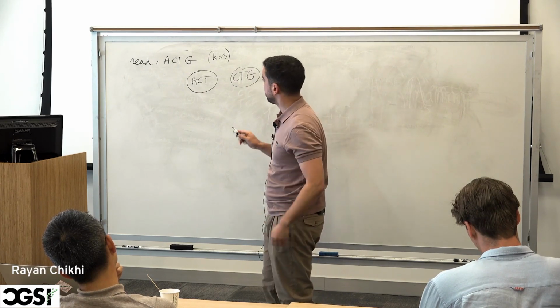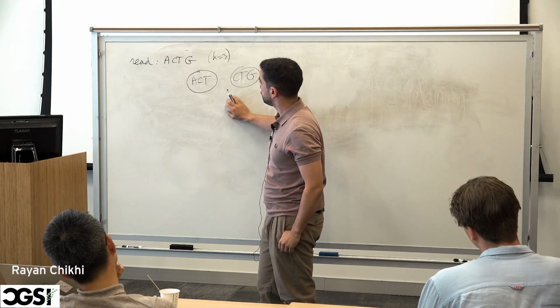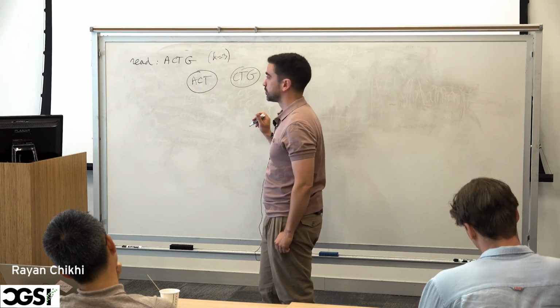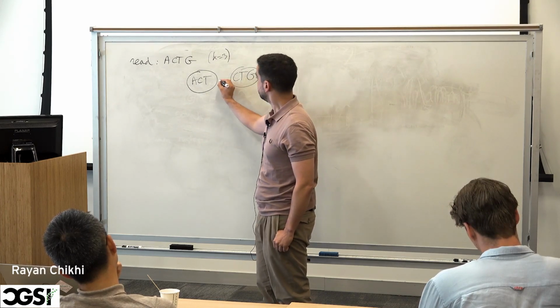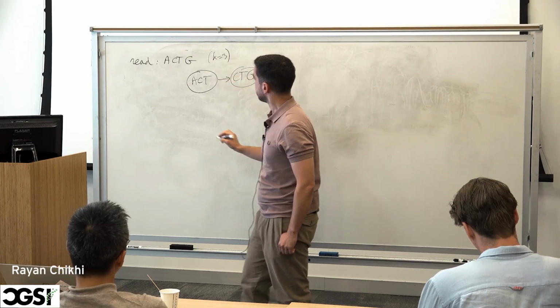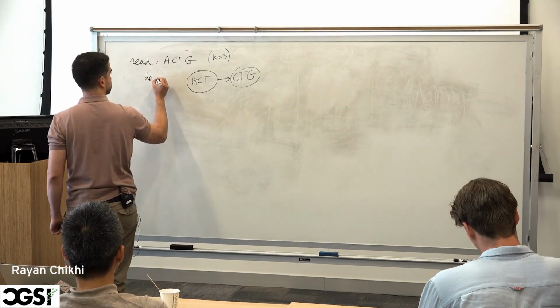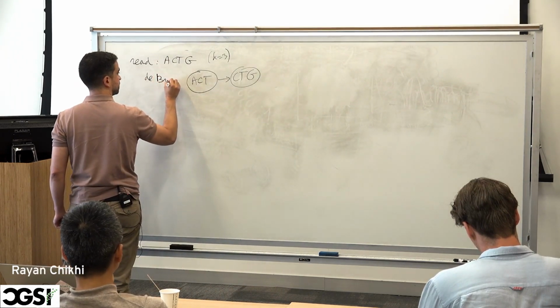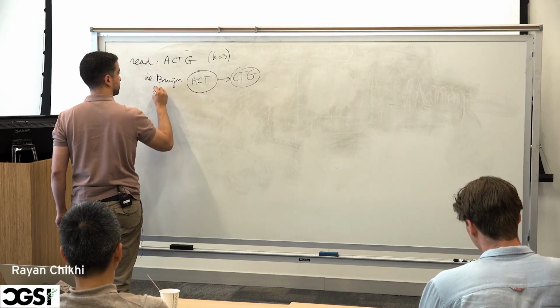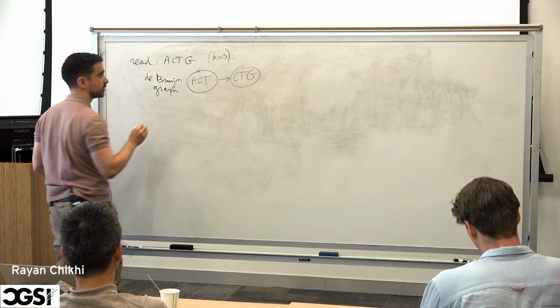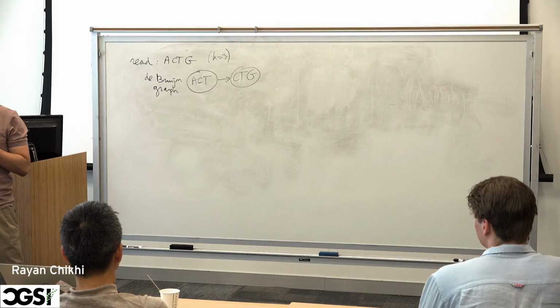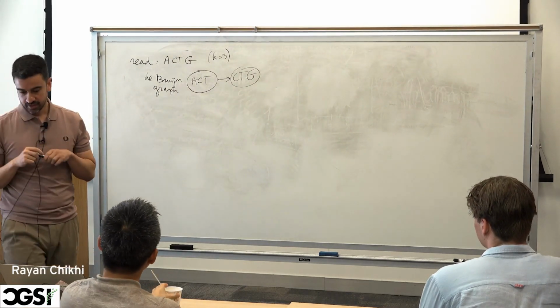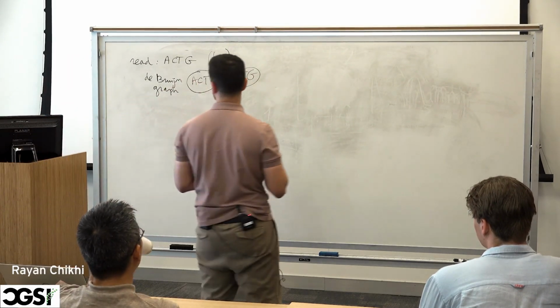In this particular definition, edges correspond to exact K-1 overlaps between K-mers. So far, so good? Yes? It's a slightly easy example here.